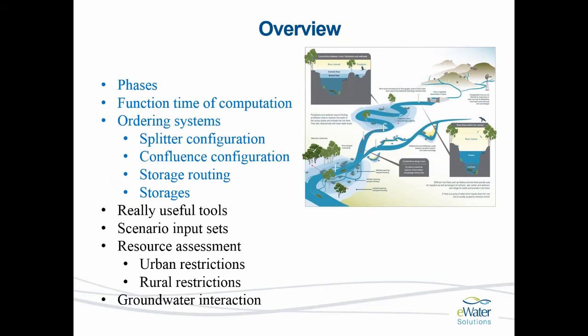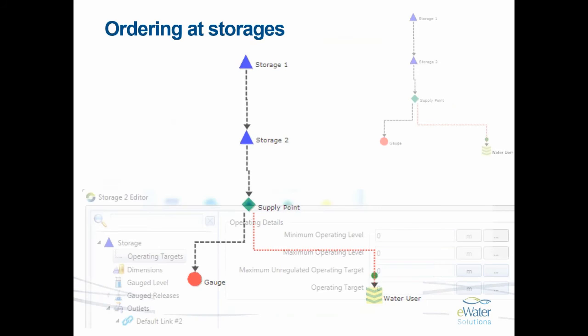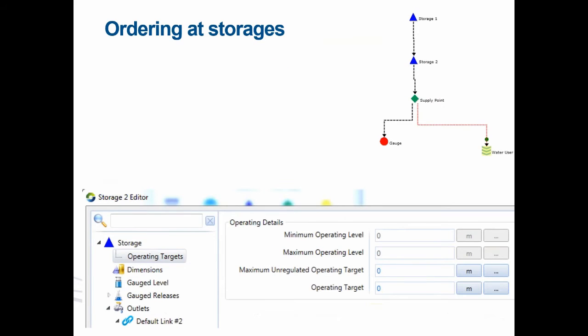So storages. The configuration of storages also affects ordering. So consider this case. We've got a downstream storage and an upstream storage. The downstream storage needs to be configured properly for it to take the water it needs from the upstream storage. And there are a few places we do that. So we've got the operating targets.